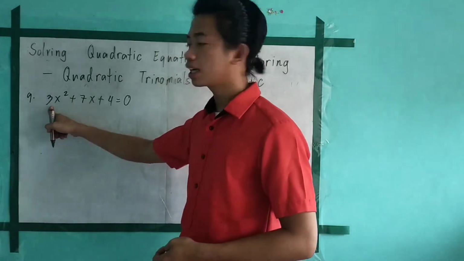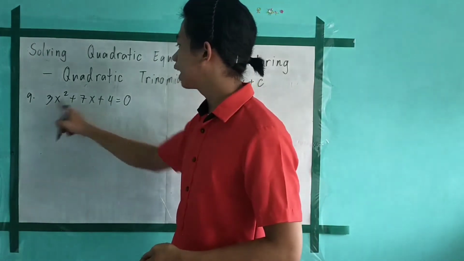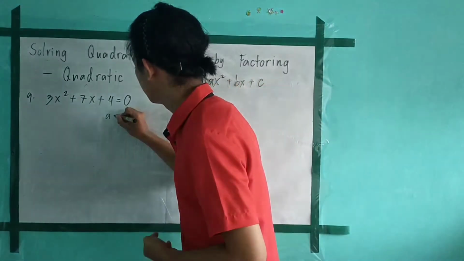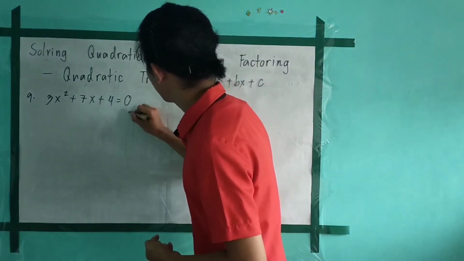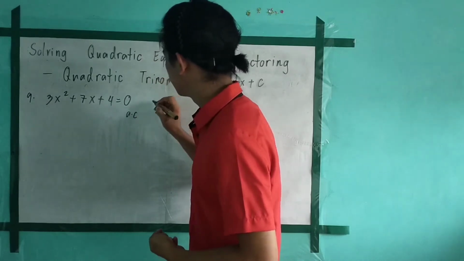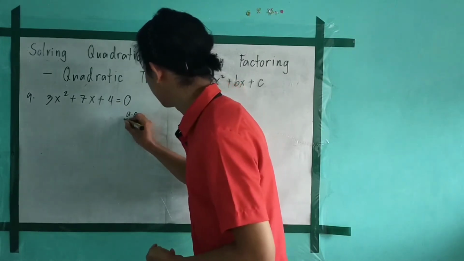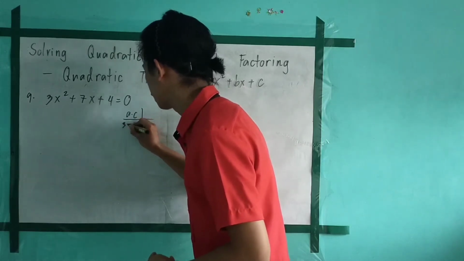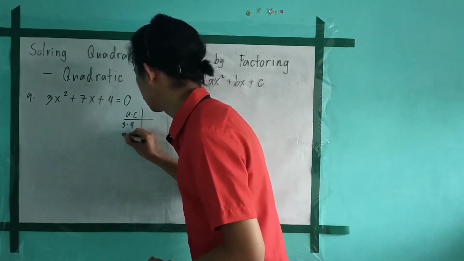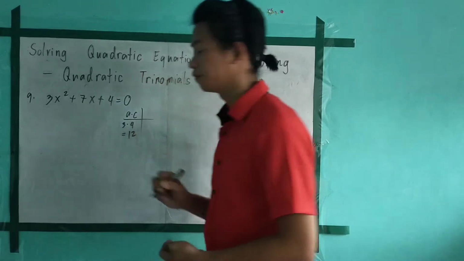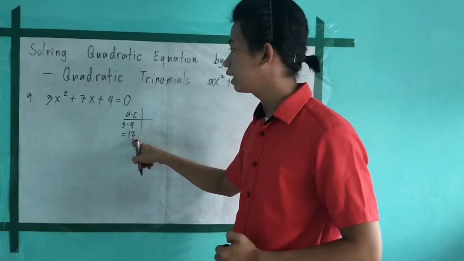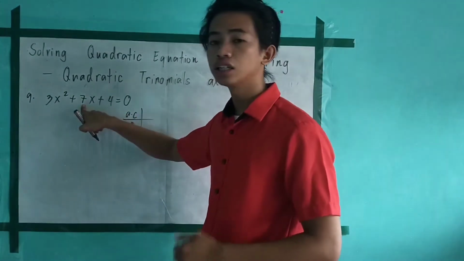I-multiply natin yung numerical coefficients ng a natin and then yung constant. So, a times c. So, we have 3 times 4. That is equal to 12. And then, yung 12, i-factor natin na ang sum niya dapat ay yung sa b.